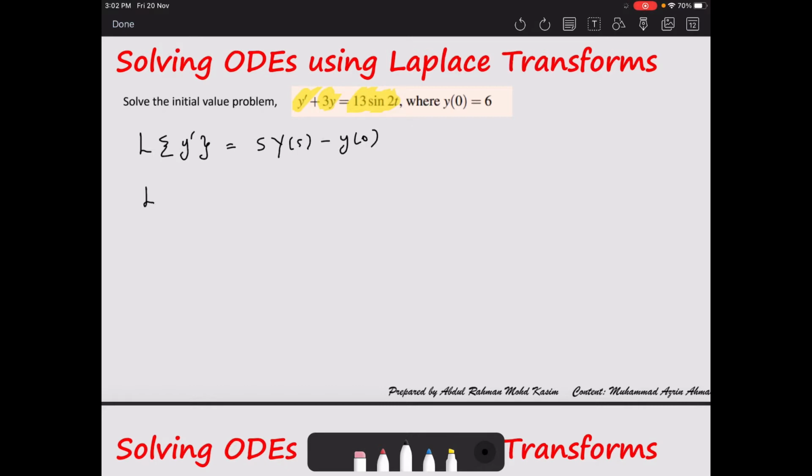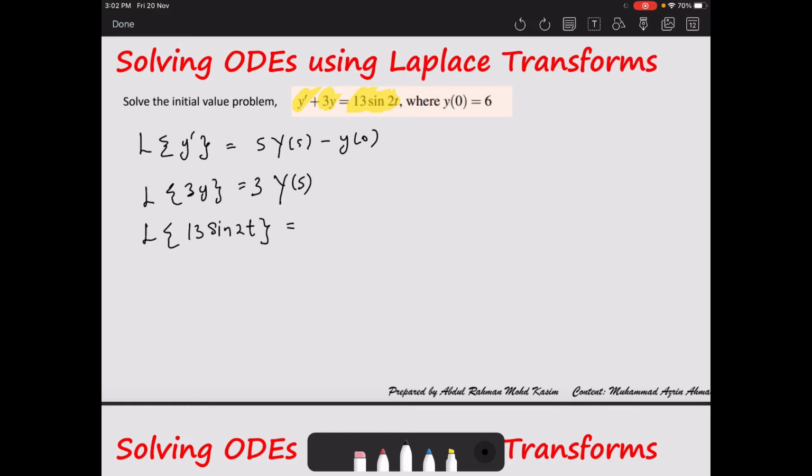While for Laplacing the second term, you will have 3 Y(s). And then the last one, you want to Laplace the 13 sin 2t.